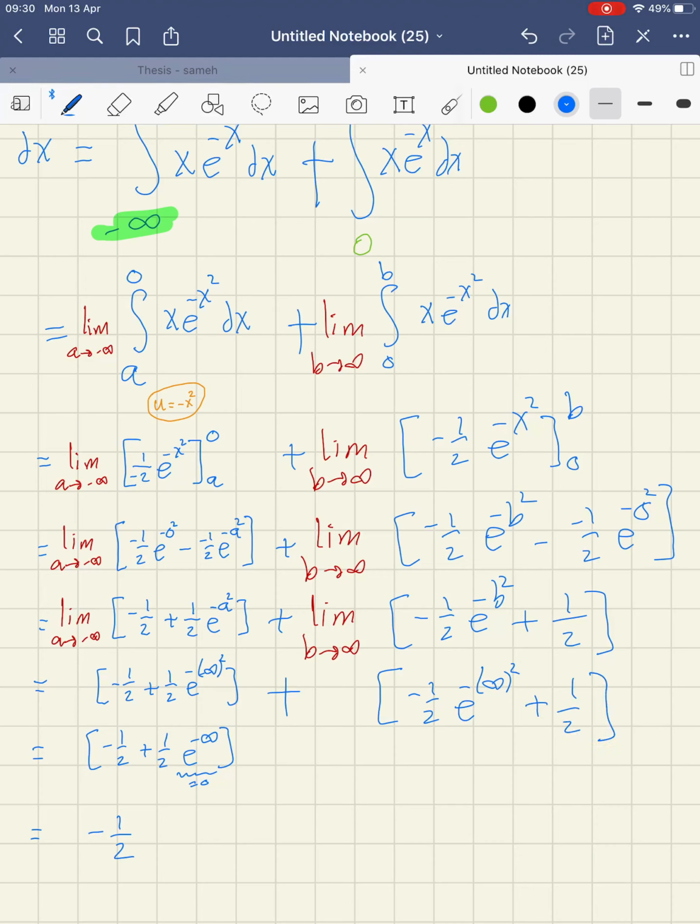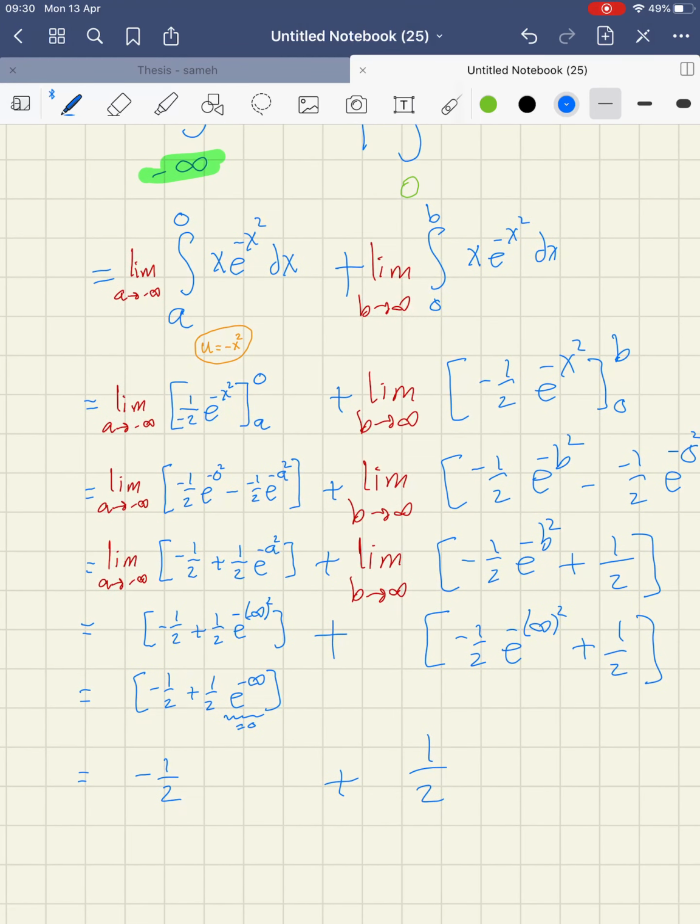If you just simplify this one, we will get plus half, because again, this will be equal to 0. Negative half plus half, the final answer is 0. And if the answer is 0, we say the integral converges.